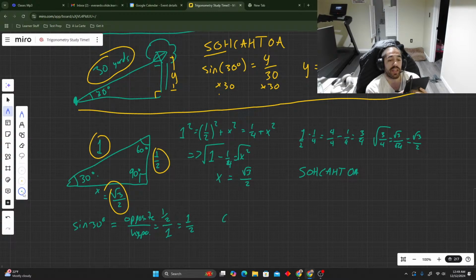So now if we look at cosine of 30 degrees, that's going to be this one over that. Adjacent over hypotenuse. It's going to be square root of 3 over 2. Now what's tangent of 30? That one's going to be opposite over the adjacent.